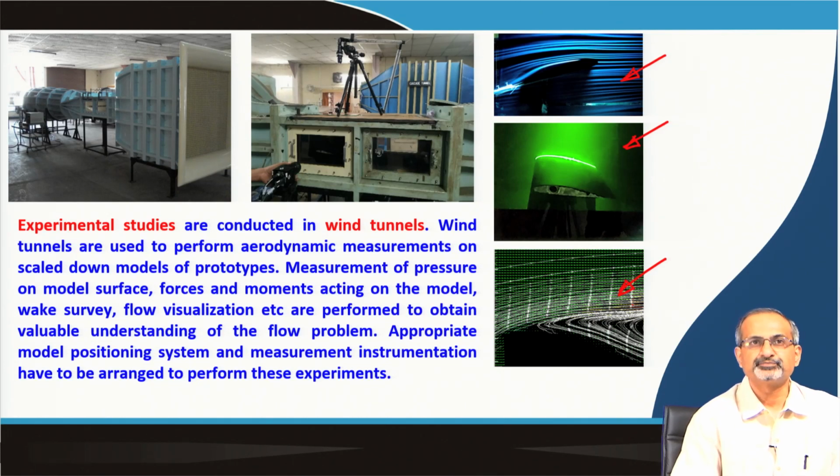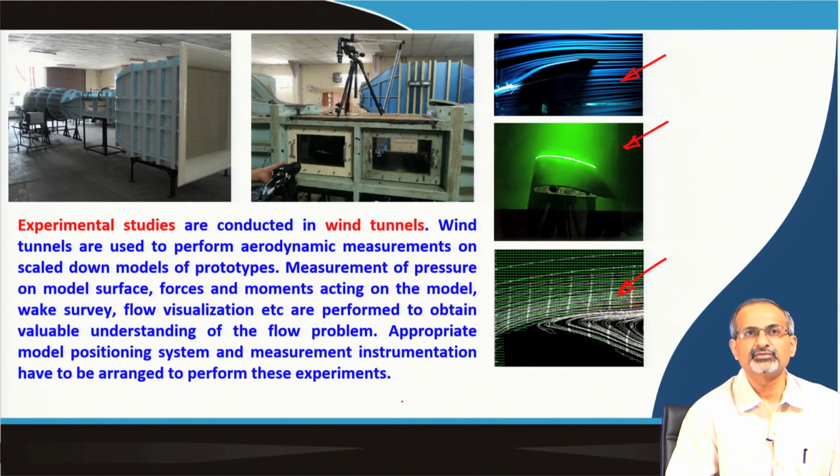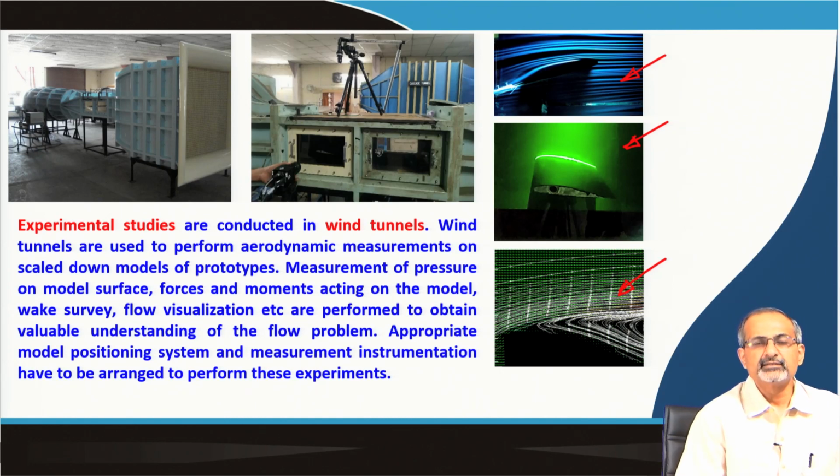So, you have this kind of quantitative information now emerging using the particle image velocimetry system. Of course, for doing these experiments we need a suitable model positioning system, measurement instrumentation, etc., which we have discussed in earlier lectures.